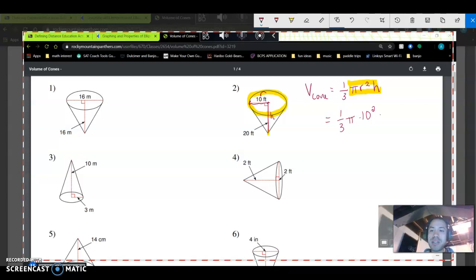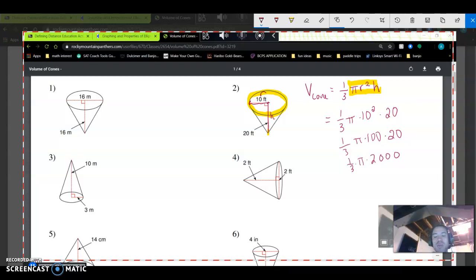We can plug all of this into the calculator, but I'm actually going to do this by hand so you can see the steps. 1/3 times 10 squared, which is 100, times 20. 100 times 20 is 2, and then we add the 0s. So it's 2,000 times 1/3 times pi.